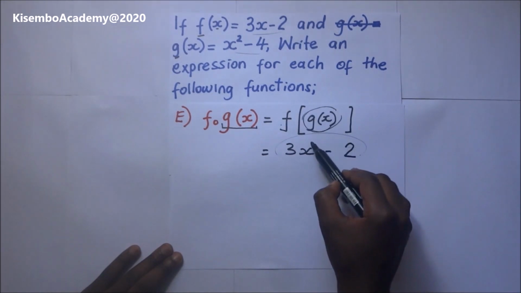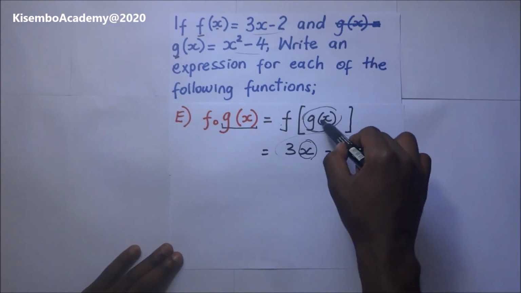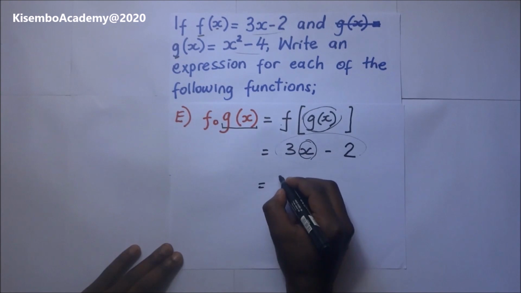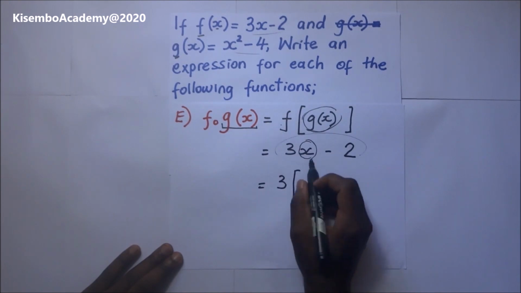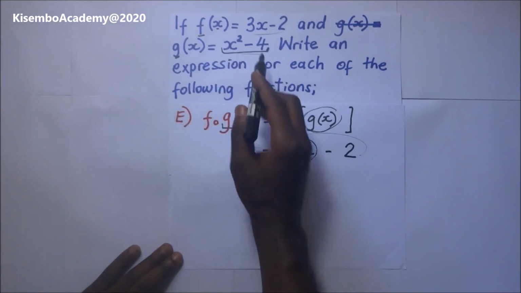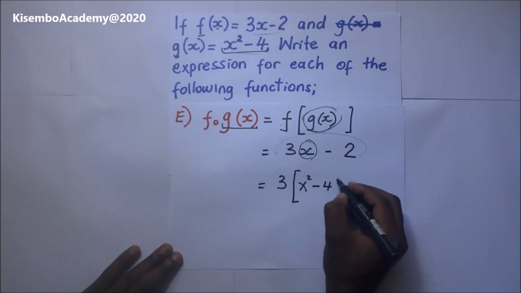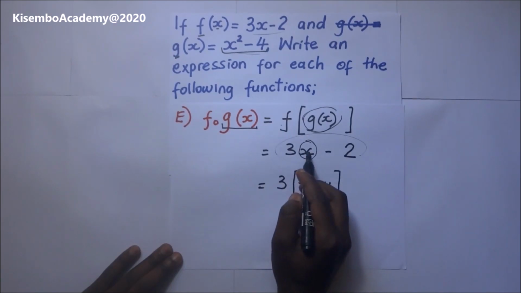So in the place of x, we're supposed to put g of x. So this becomes 3 multiplied by, in the place of x, g of x, which is x squared minus 4, minus 2.